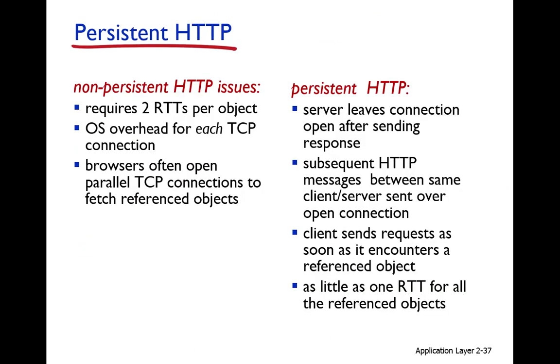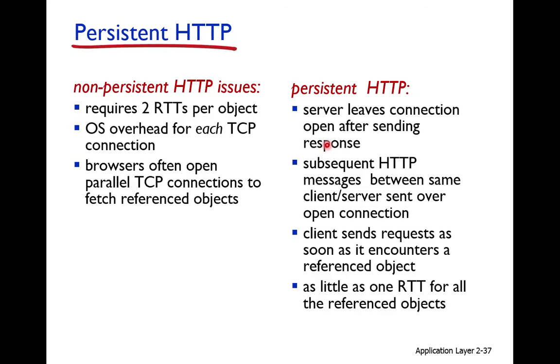Now let's study persistent HTTP. Non-persistent HTTP requires 2 RTT per object. Why? One RTT for the TCP connection and one RTT for the HTTP request and response. In persistent HTTP, the server leaves the connection open after sending the response.